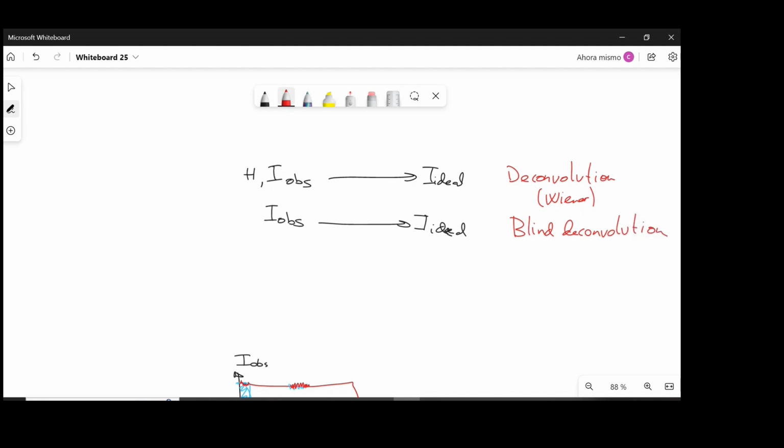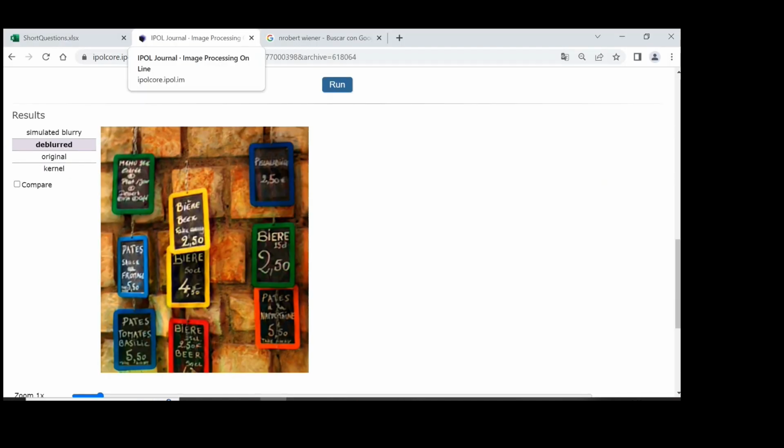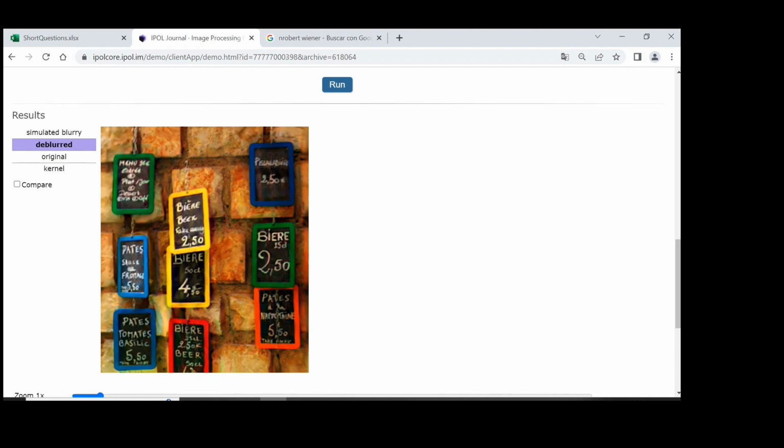Blind deconvolution is because you don't have h. You have to estimate h also from your image. And that is what these people have been doing. They have been trying to estimate what the kernel was. They estimated that the kernel was this one, and then they applied the deconvolution with that kernel and they get this.